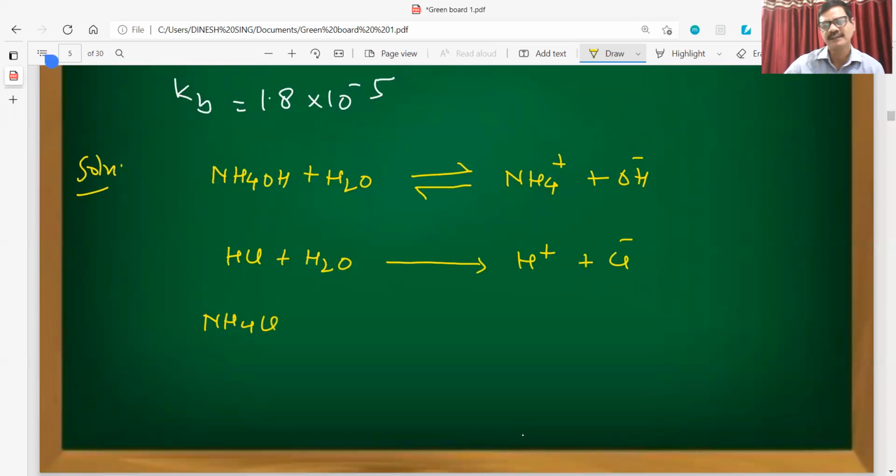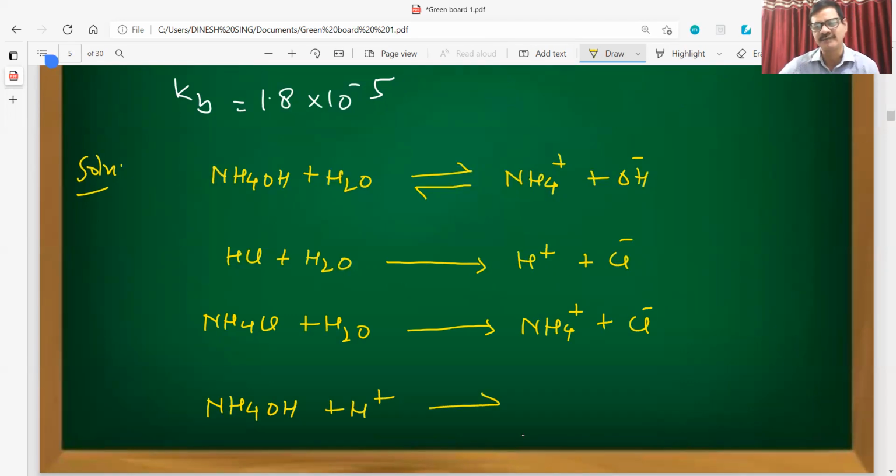NH4Cl is again a strong electrolyte, so it will also undergo 100% ionization: NH4 positive plus Cl minus. So now the actual reaction will take place between what? Between NH4OH and H positive from HCl.